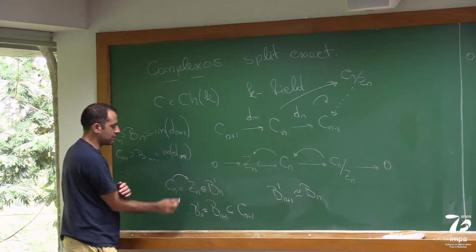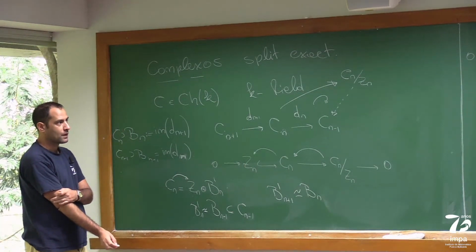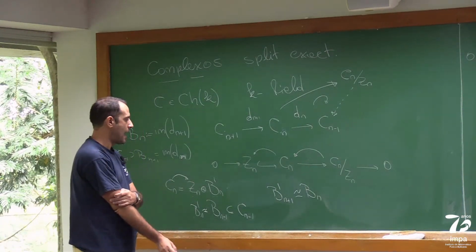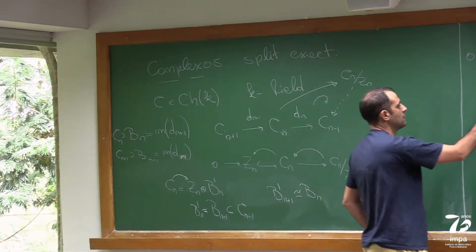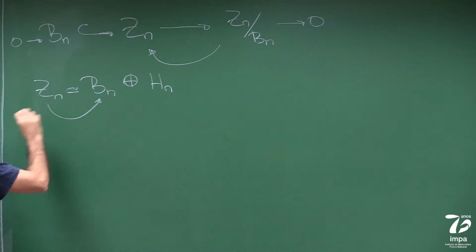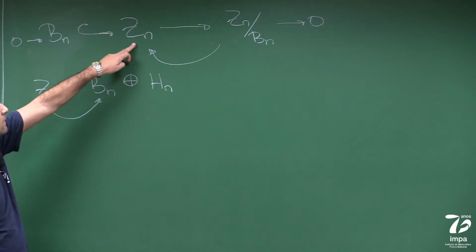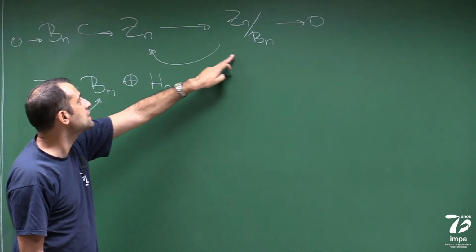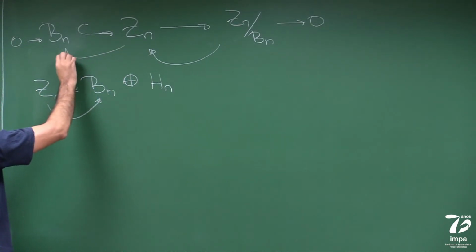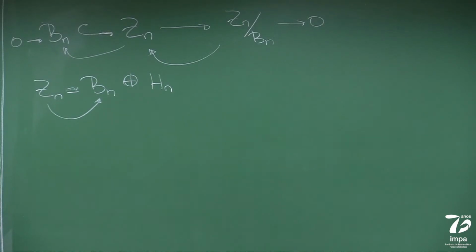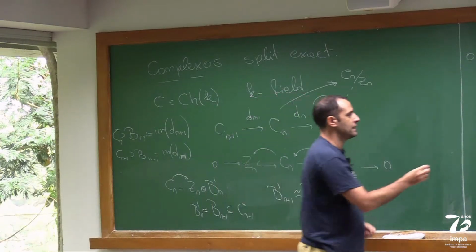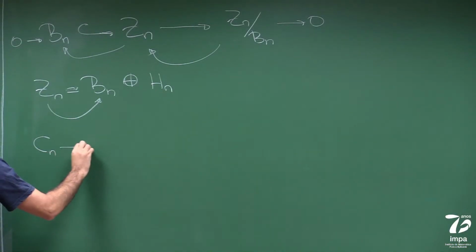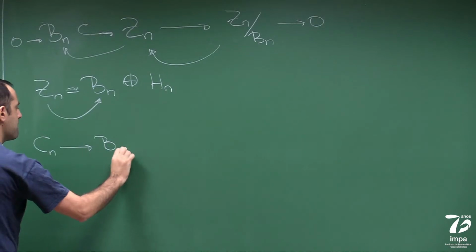So I have a map from Cn to Zn. And I have a map from Zn, which I can project to Bn now. Again, from Bn I have a canonical map to Zn. This is canonically included here by definition. But by choosing this splitting on the homology, I've gained this map for free, which is this projection in one of the summands. So the composition of these two maps is a map from Cn mapping to Bn.